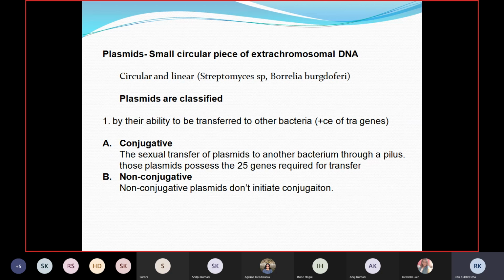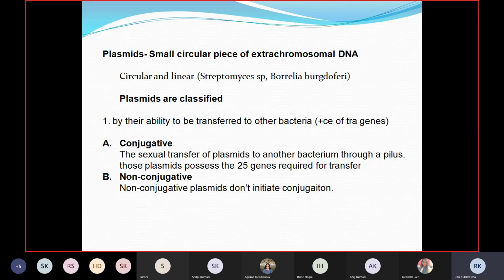You want it to be highly contained, because you do not know what happens if you spread that particular gene of interest which you have made recombinant, or even a gene sequence which is not normally found in the environment. So generally in that context, you prefer plasmids that are non-conjugative in nature, or plasmids which have a very narrow host range.